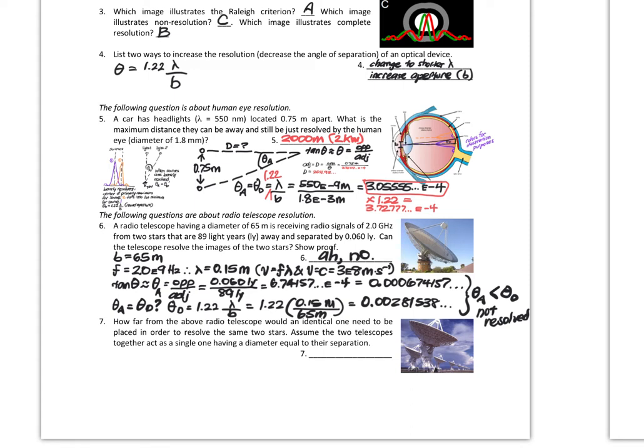As it stands right now, the subtended angle for the two stars is less than the diffraction angle for that telescope. So can we increase B, thereby decreasing the diffraction angle, making it tighter and closer and equal to the Rayleigh criterion angle in number 6?